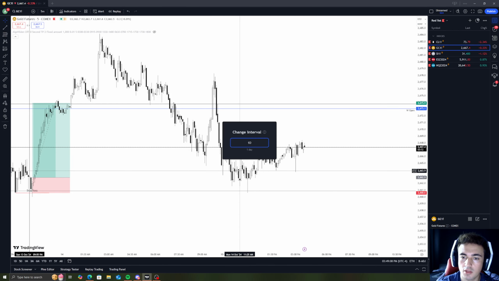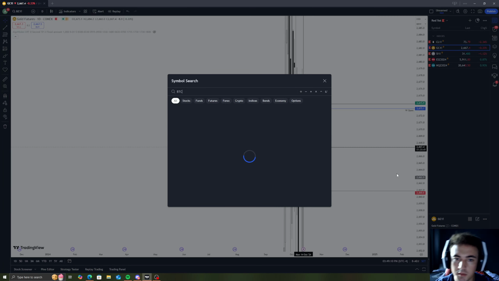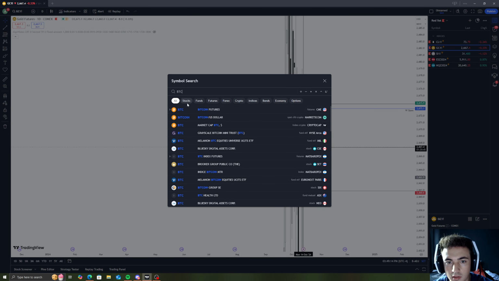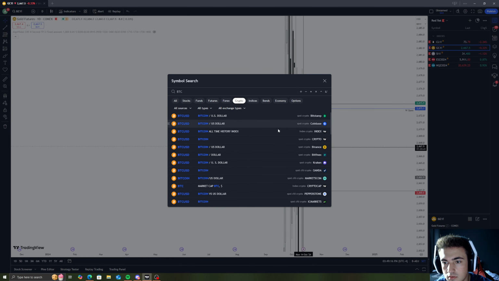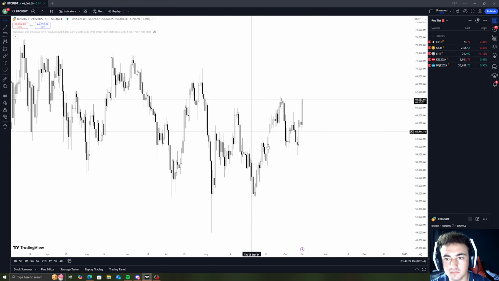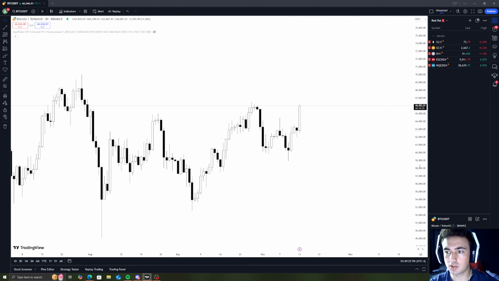And then the other thing I want to show is the Bitcoin move that we just called. So Algovision, let me load it up. Binance. Let's do the USDT. So Algovision called this move right here.